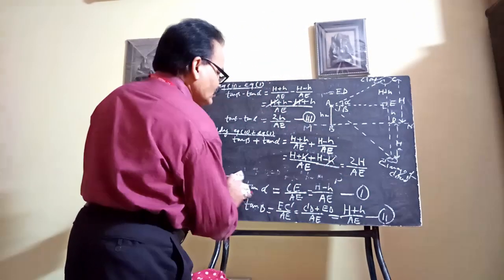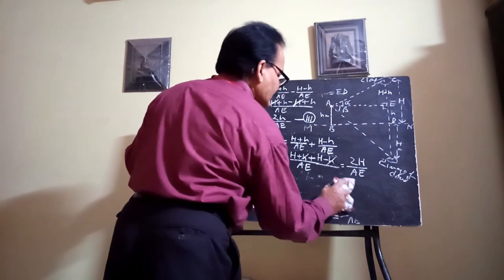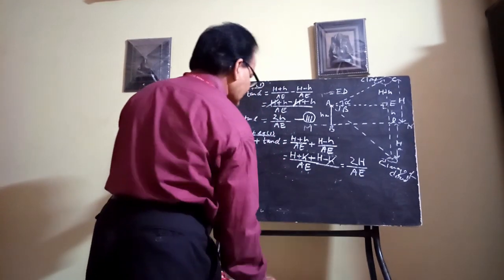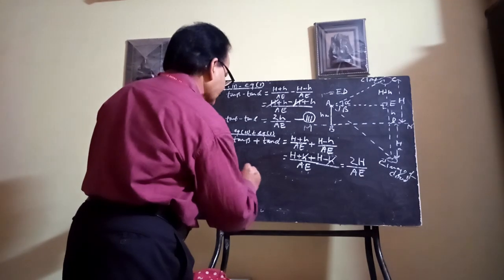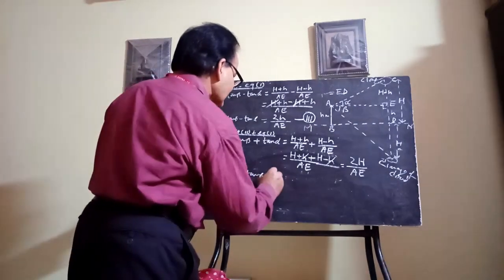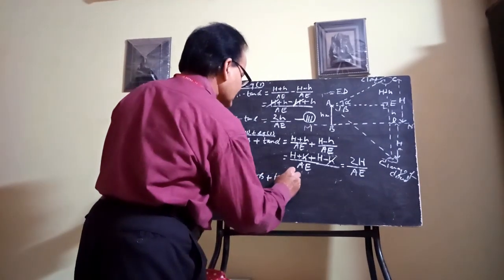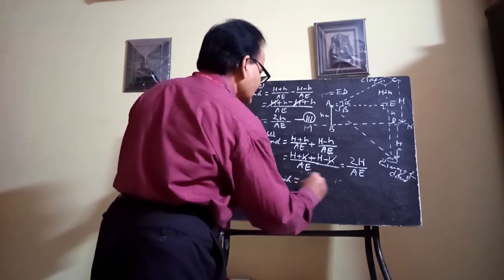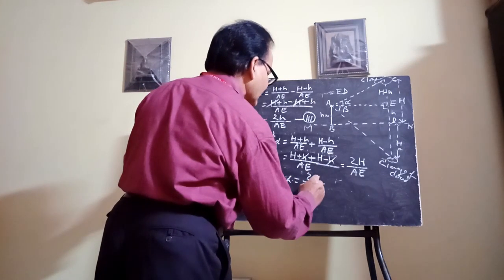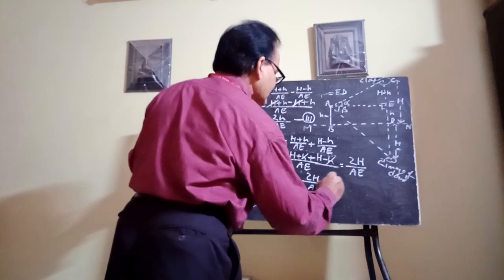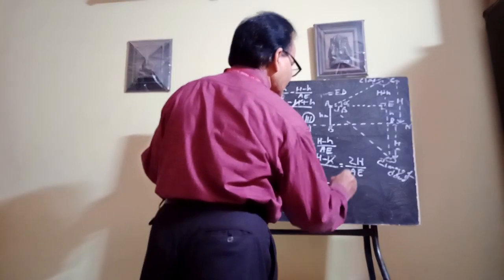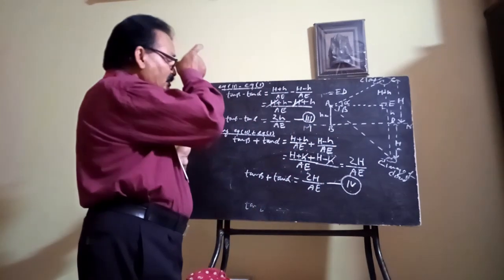So in this case tan beta plus tan alpha is 2 capital H by AE. Say this is your equation 4. You have to keep it in mind.